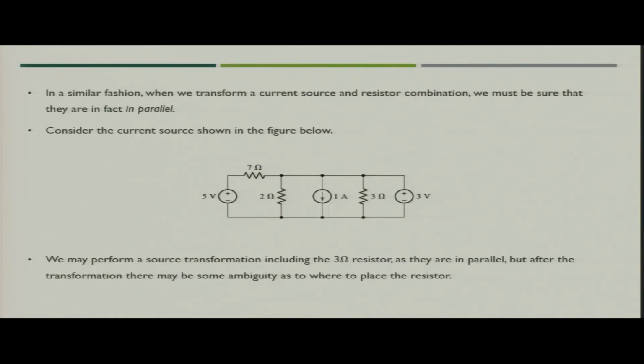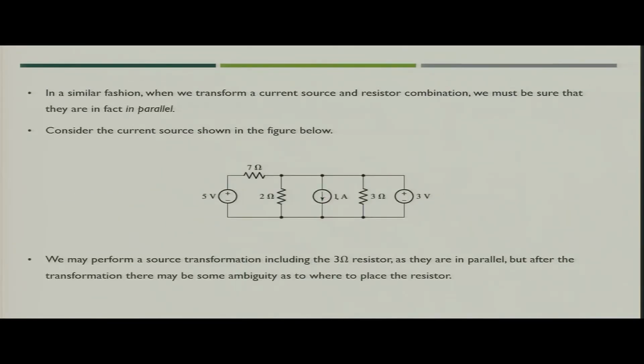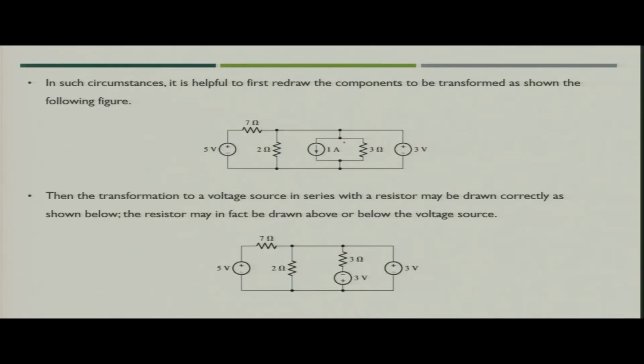Now next, in a similar way, when we do current transformation, we have to always be sure that the current source has at least one resistance in parallel. If we are not sure how it will look, you can modify the circuit slightly. Like here you see a 1 ampere current source is in parallel with 3 ohm. So you can redraw the circuit in this fashion, so that you can easily see that there is a 1 ampere current source in parallel with a 3 ohm resistance.